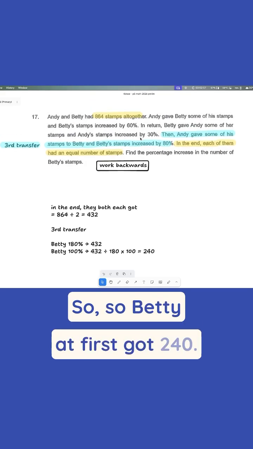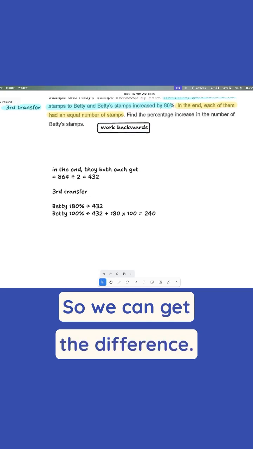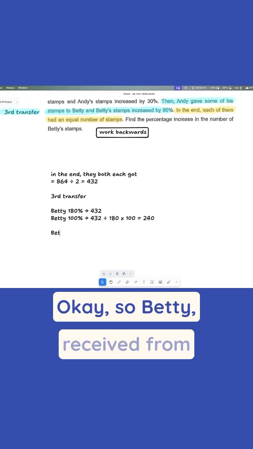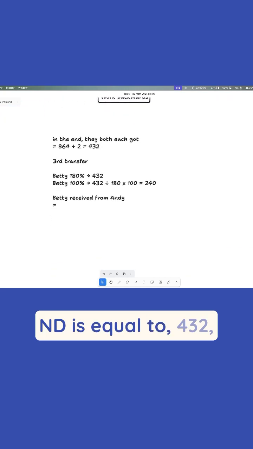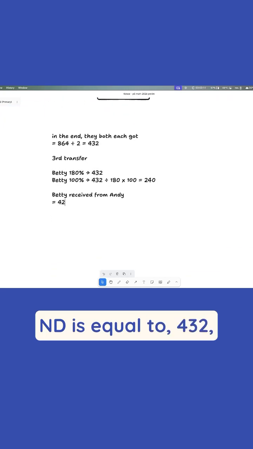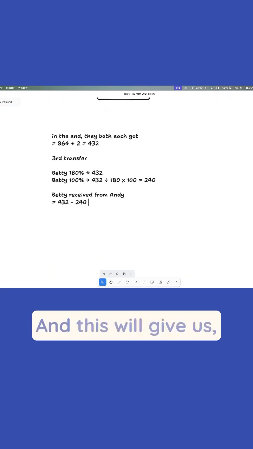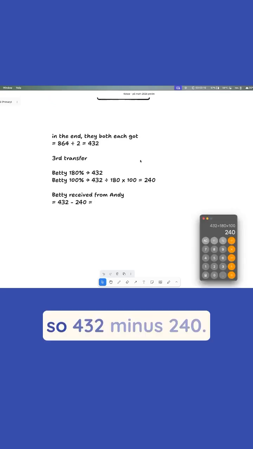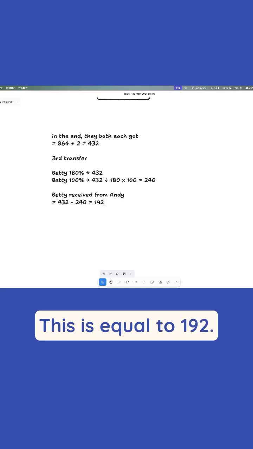So Betty at first had 240, so we can get the difference. Betty received from Andy 432 minus 240, which is equal to 192.